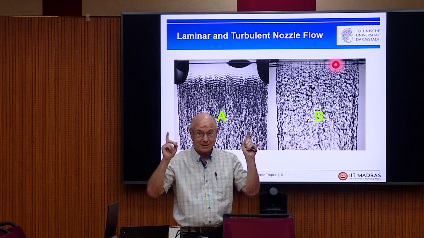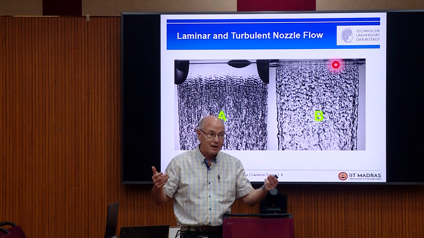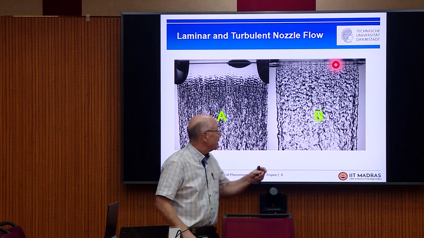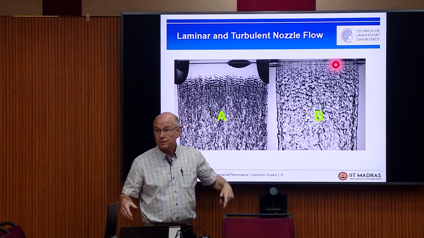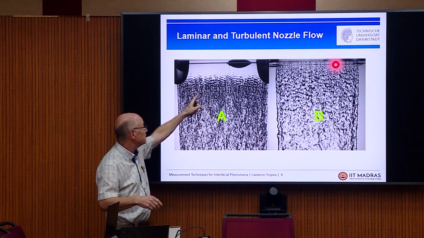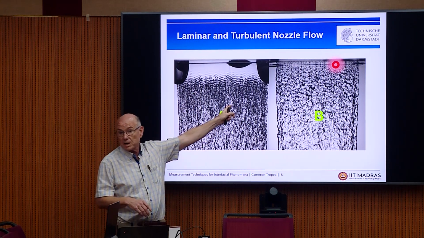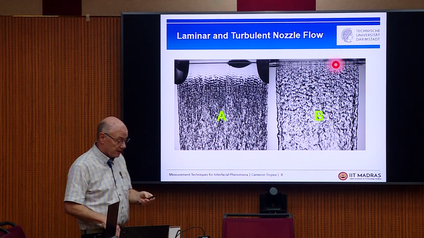That's the disturbance that excites the instability. And if you don't have a disturbance, then the instability doesn't grow. And here what happens is the disturbance comes actually already outside the nozzle, and then you can see waves that start to grow and become completely unstable. But if you have a disturbance very early, it goes immediately.